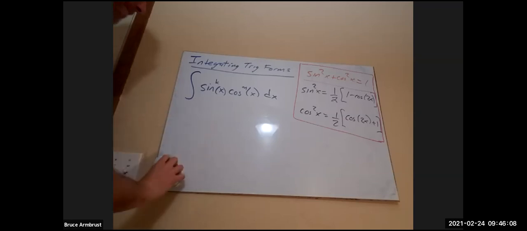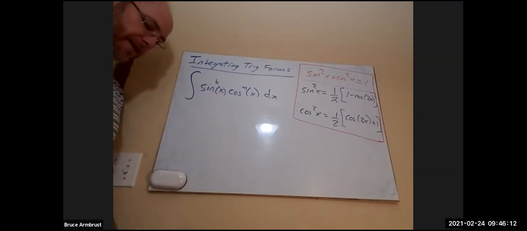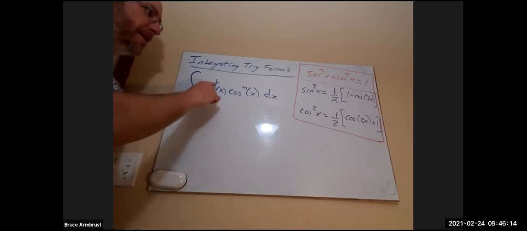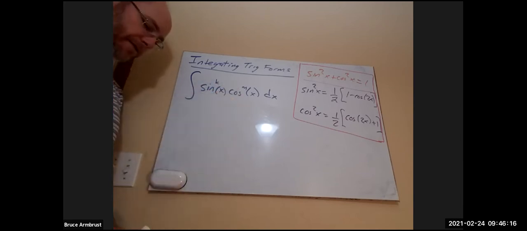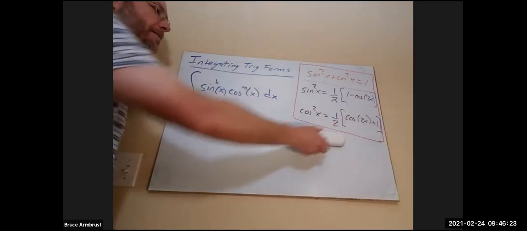All right, so in order to integrate these trig forms, what we really want to look at are the powers. And there are going to be two different cases depending upon what these powers happen to be.